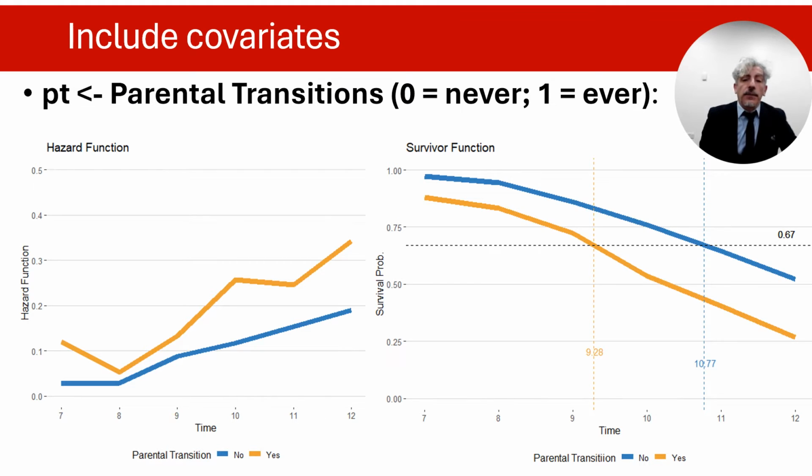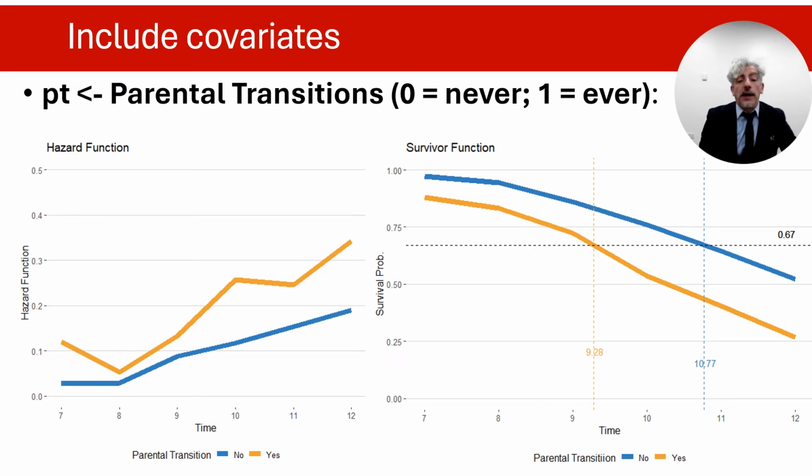Here, despite some differences, the shapes of the two lines appear generally similar. The second consideration should focus on the relative level of the two lines. Do they indicate that one group is consistently at higher risk of experiencing the event? And furthermore, does the magnitude of this difference vary over time?